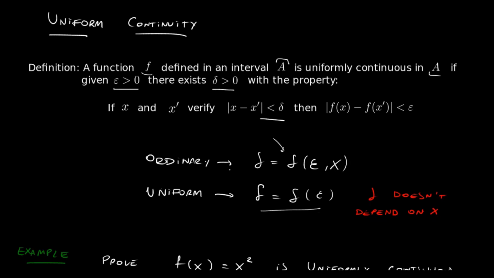Well, for f to be continuous in the ordinary sense, we don't necessarily need to have this x here. If delta depends on epsilon, the function will in particular be continuous. But does it work the same the other way around? Is every continuous function uniformly continuous?